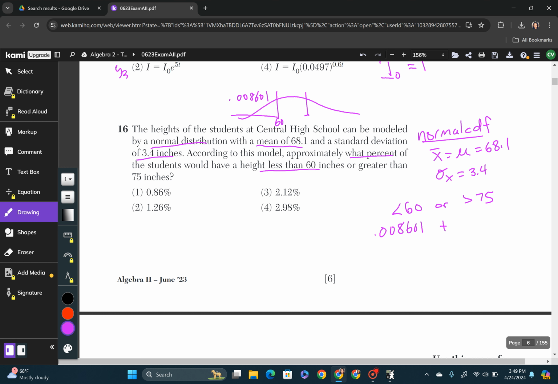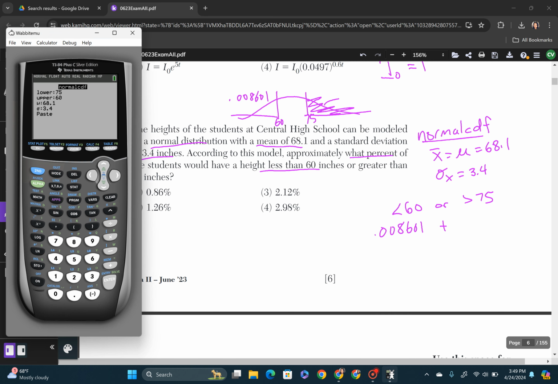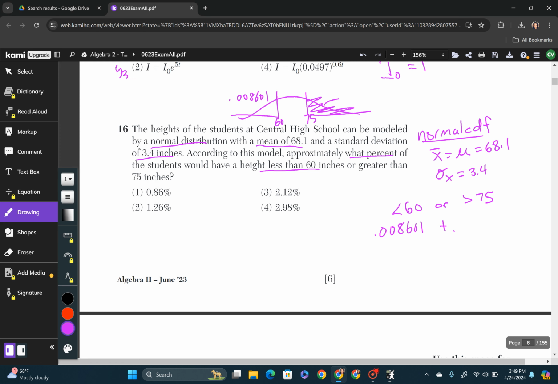So 75 is my lower. My upper, I don't know, so I'm just going to put a big number, 9999999. The mean and the standard deviation still stay the same, and I'm going to paste and hit enter. So my second number is 0.0021208, and I'm just going to add them together.